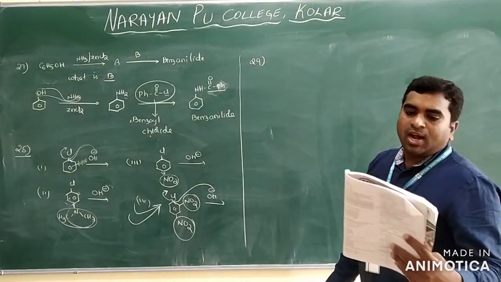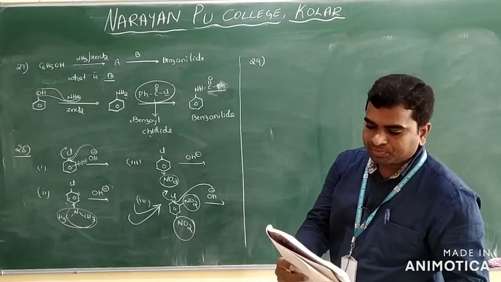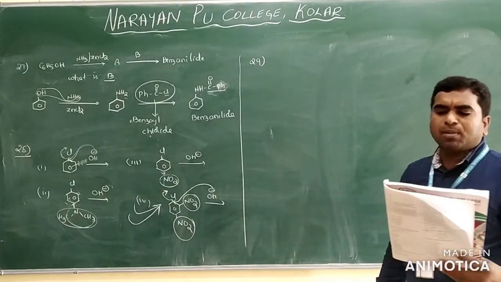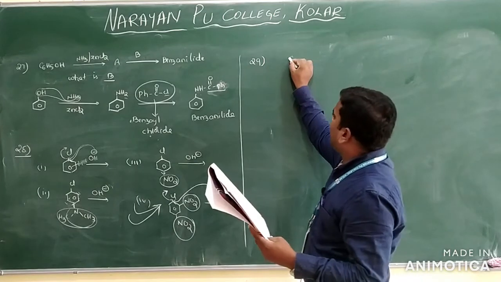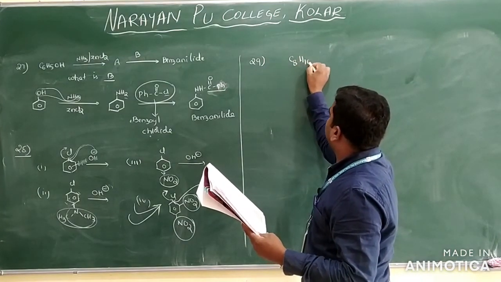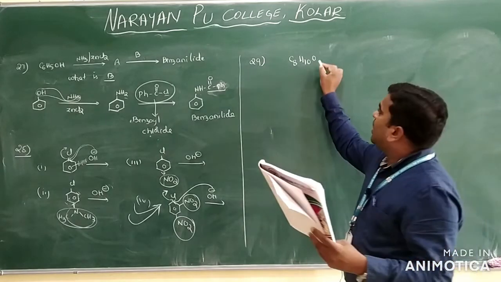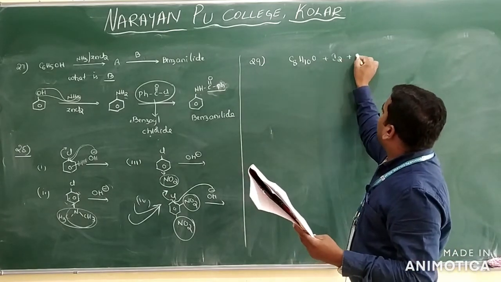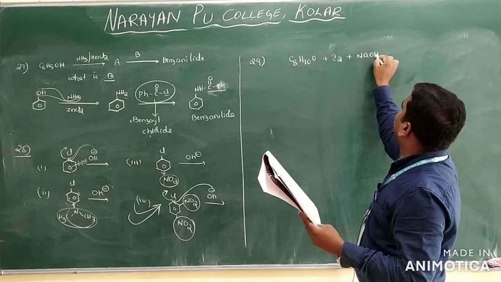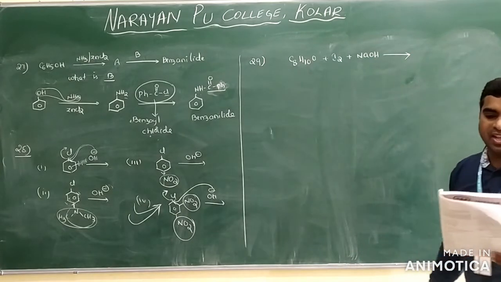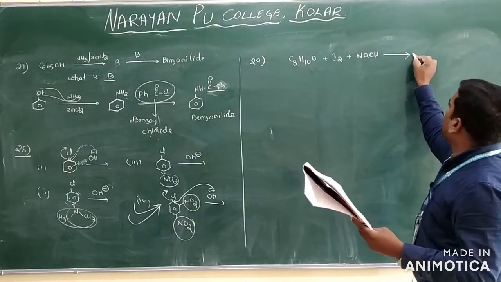Now the 29th question, you see. An organic compound having the molecular formula C8H10O, on being heated with iodine and NaOH, gives a yellow precipitate.